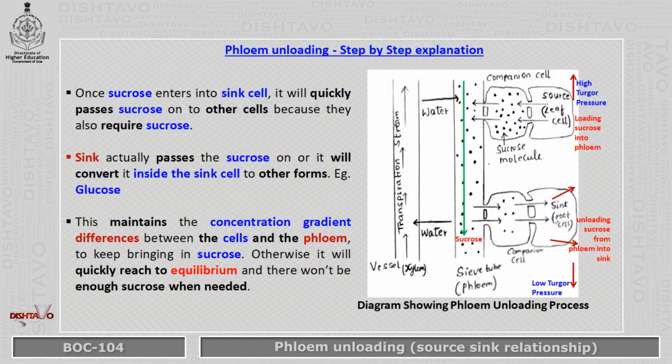The whole point here is to maintain the concentration gradient difference between the sink cell and the phloem sieve tube elements to keep bringing in the sucrose. Otherwise, it will quickly reach equilibrium and there won't be enough sucrose whenever the plant requires it.